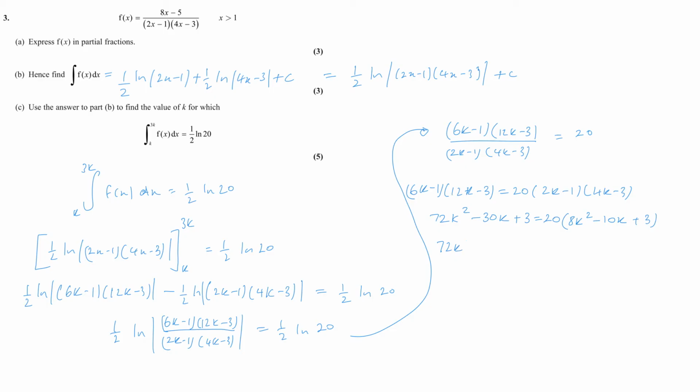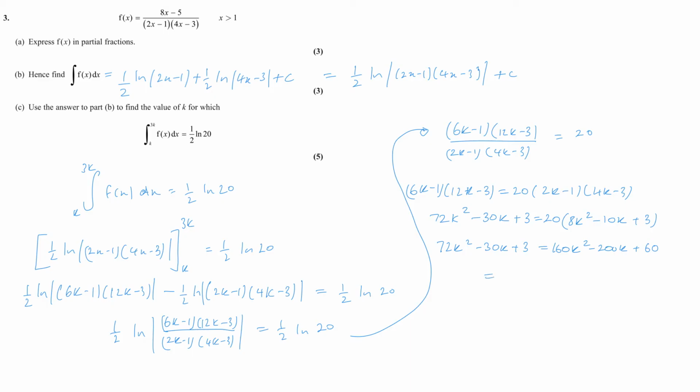So 72k squared minus 30k plus 3 equals 160k squared minus 200k plus 60.